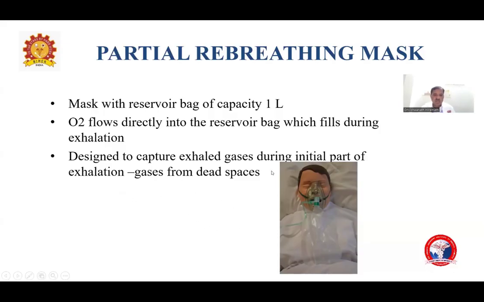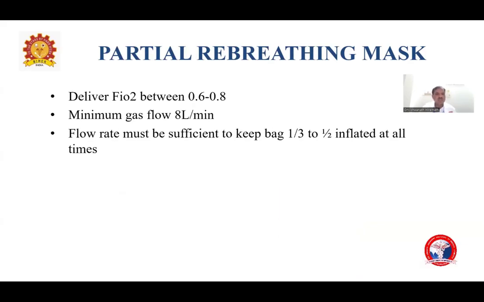Gases from the initial part of exhalation are captured in this bag and used for providing inspiration because they do not contain carbon dioxide, as they come from the anatomic dead space, which has not taken part in gas exchange. Partial rebreathing mask provides FiO2 60 to 80%. Minimum gas flow is 8 liters per minute. The flow rate must be sufficient to keep the bag one-third inflated at all times.